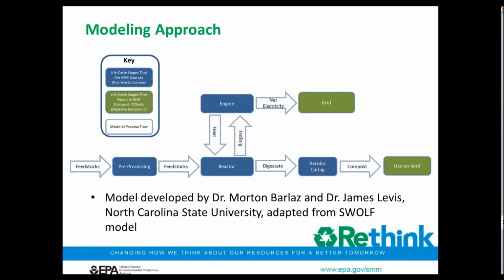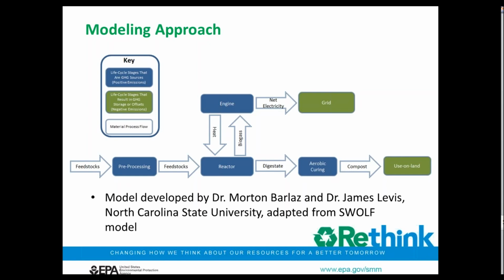So this diagram provides an overview of our modeling approach. The model that is in WARM was based on a model developed by Drs. Morton Barlaz and James Levis at North Carolina State University, and we worked with them to adapt it from their SWOLF model, which is a life cycle assessment model for different material management practices.